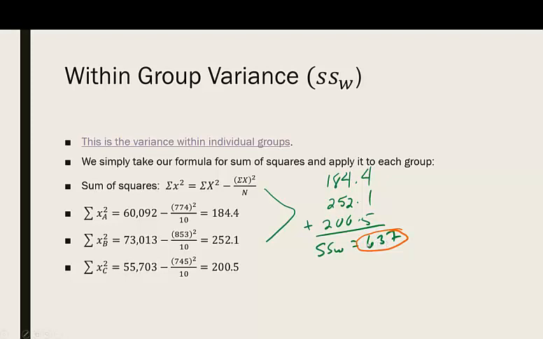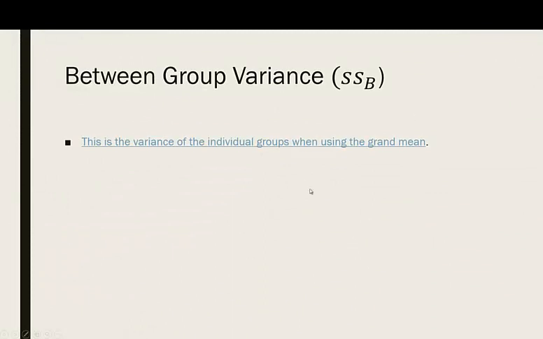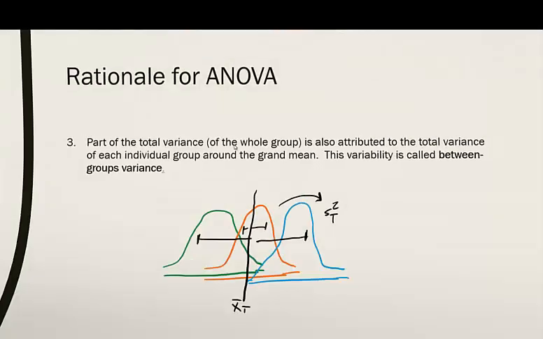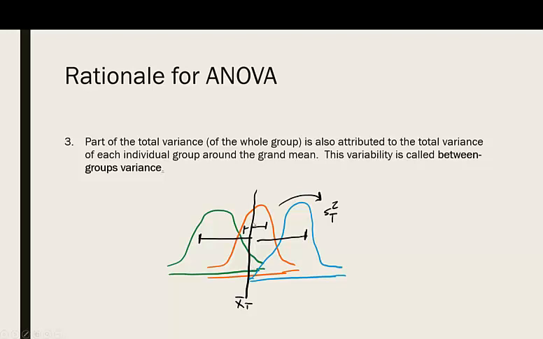Okay? Now the next thing then would be looking at the variance of the groups around the grand mean. So this is between. And again, we can go back here and we're looking, here's the grand mean, and then this is the variance within the groups compared to the mean itself, not within the groups themselves.